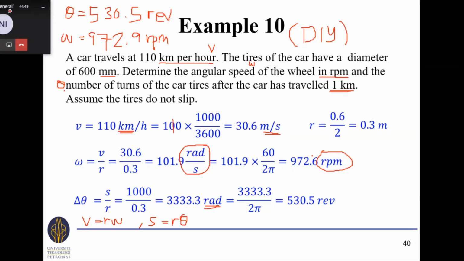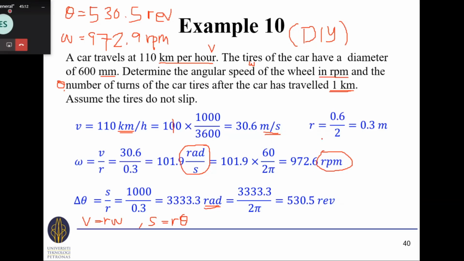Why 101.9, not 102? My answer is actually 101.87, if you use your velocity as 30.56. That's how I calculated.